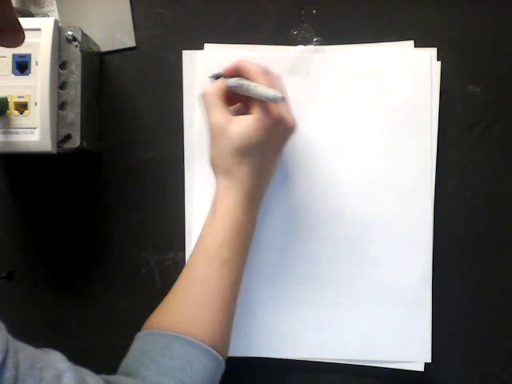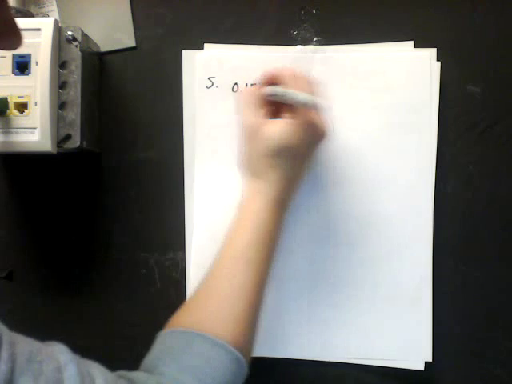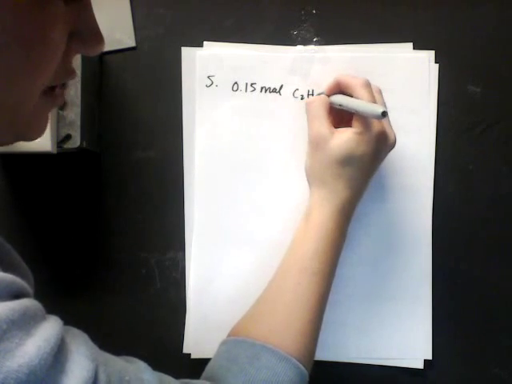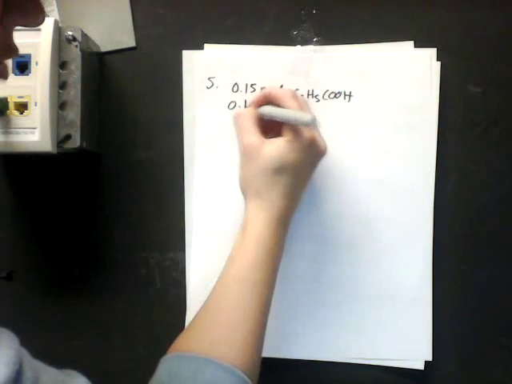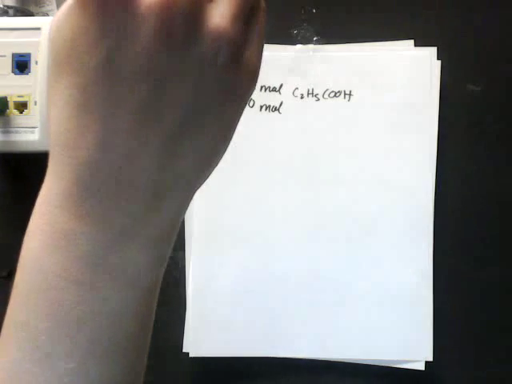A buffer contains that much, so we have initially 0.15 mole of C2H5COOH, right? And then we have 0.1 mole of sodium propionate.